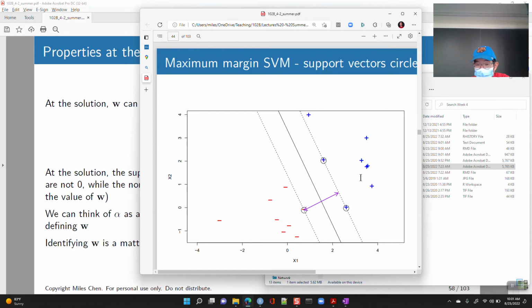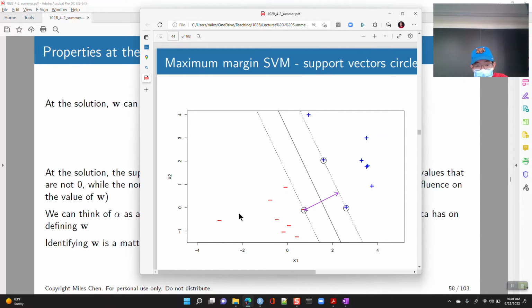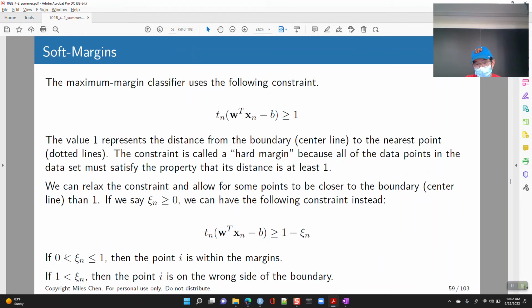Versus these points will all have alpha 0 because they have no influence on what this W finally ends up being, okay? So we just get alpha times your x's and some weights of alpha here for those particular x's, and then the alphas for these other points are all going to be 0. And apparently our algorithm can figure out which x points get weighted 0 and which ones don't.